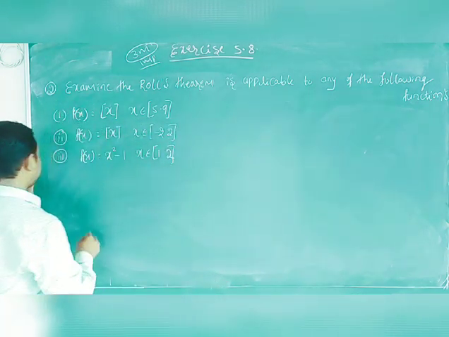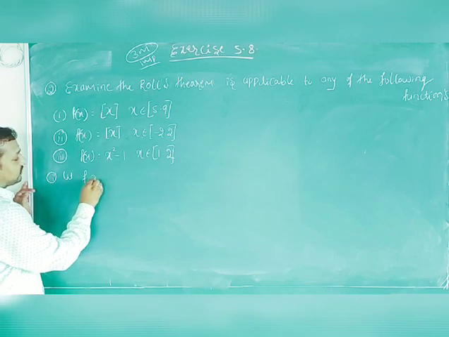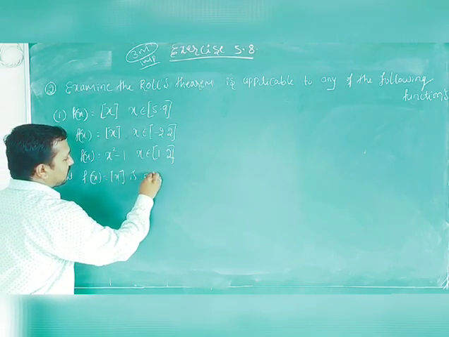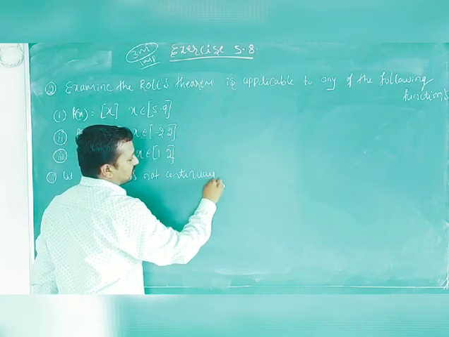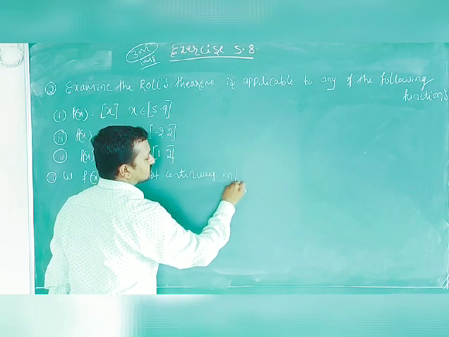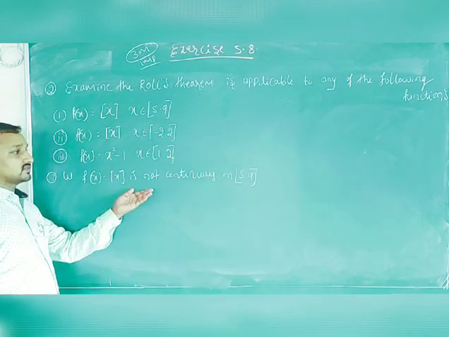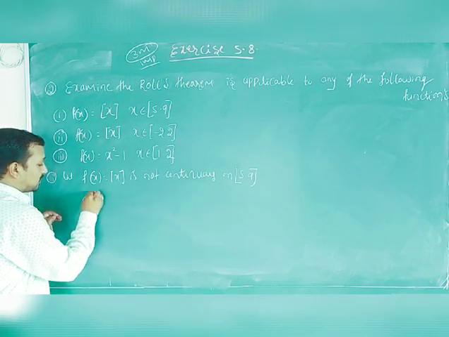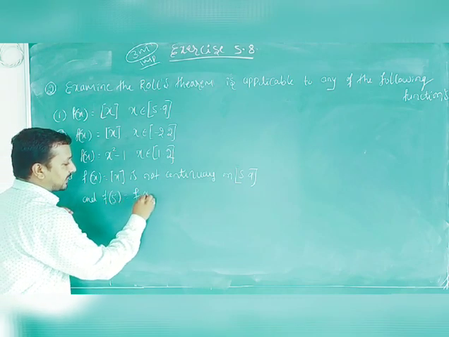So for the first one, let f of x equal to greatest integer x, which is not a continuous function on the closed interval 5, 9. If it is not continuous, then automatically it is not differentiable. Also we need to verify f of a equal to f of b, that is f of 5 equal to f of 9.